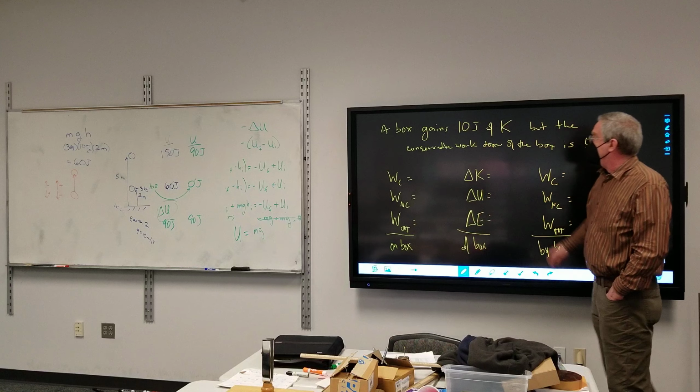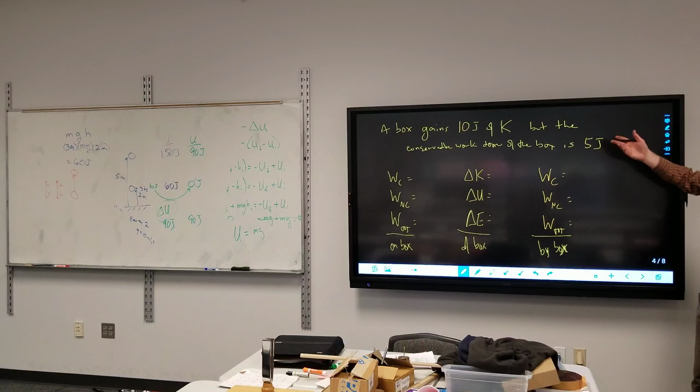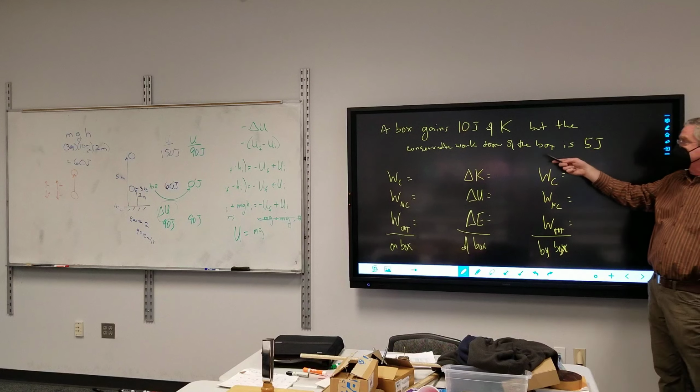We have this problem: a box gains 10 joules of kinetic energy, but the conservative work done on the box is 5 joules. So I want to know what is the conservative work, the non-conservative work, and total work done on the box. What is the change in kinetic energy, change in potential energy, and change in total energy of the box?